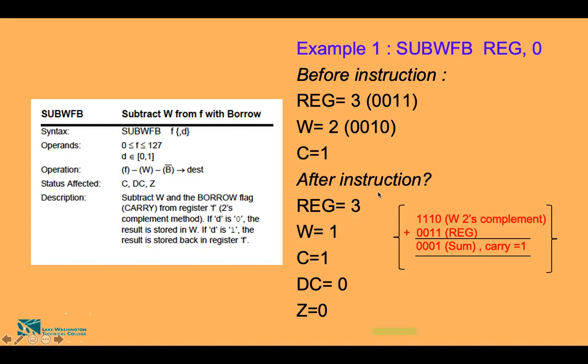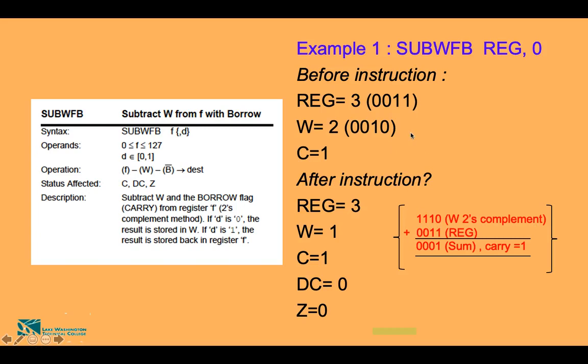Now let's see what is going to happen after the instruction if you subtract this W from REG, the file register. Okay, so to subtract, we have to convert this working register into 2's complement. Here I have already shown if you convert it into 2's complement, then you will have this number 1110.